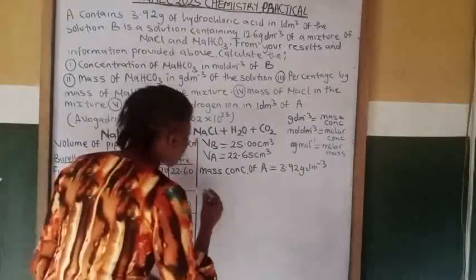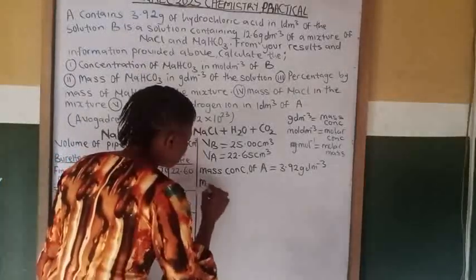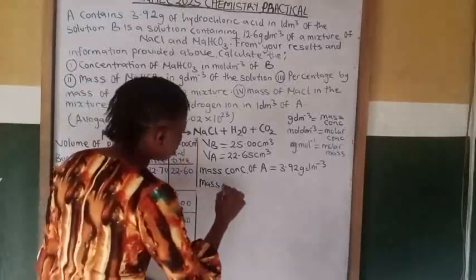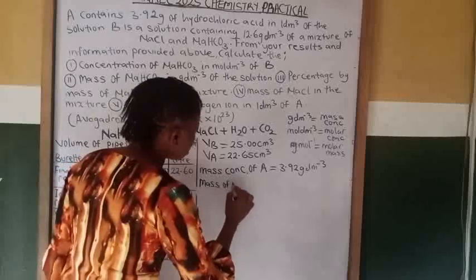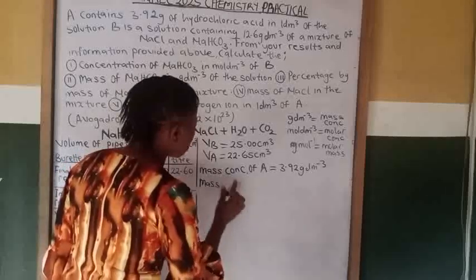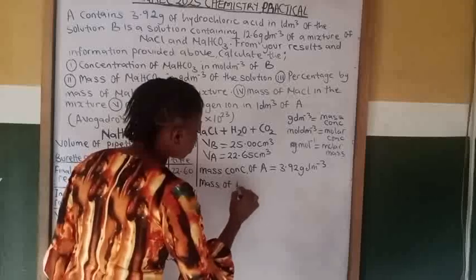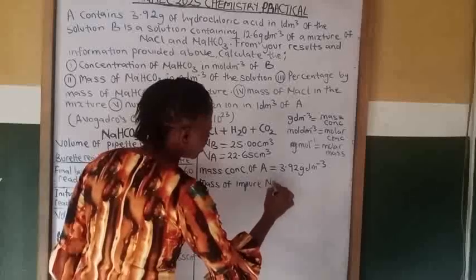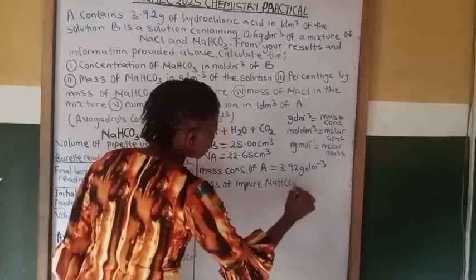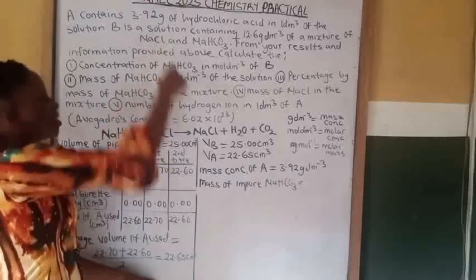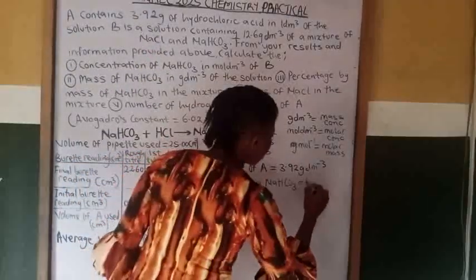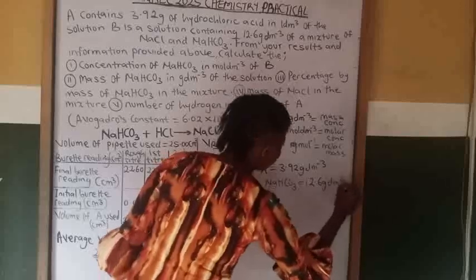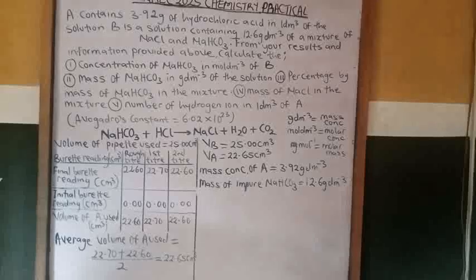So we are going to write mass of mixture, or you call it mass of impure NaHCO3, because this NaCl is an impurity in the substance. So it's equal to 12.6 gram per dm cube.